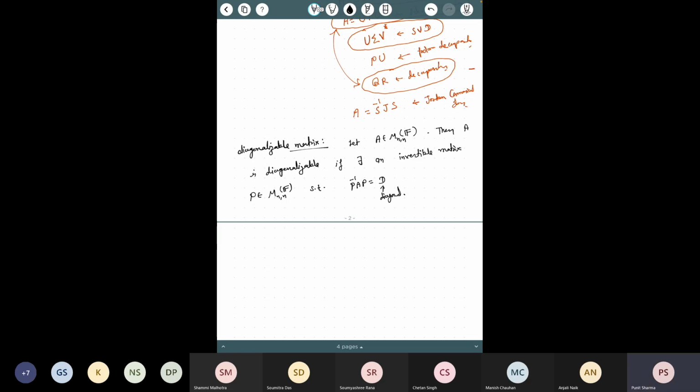Then we say that A is diagonalizable. So basically, if A is similar to a diagonal matrix, then A is diagonalizable.